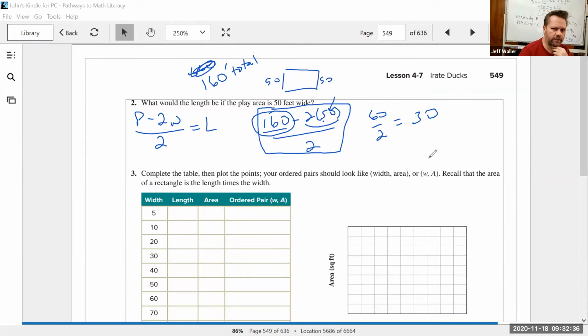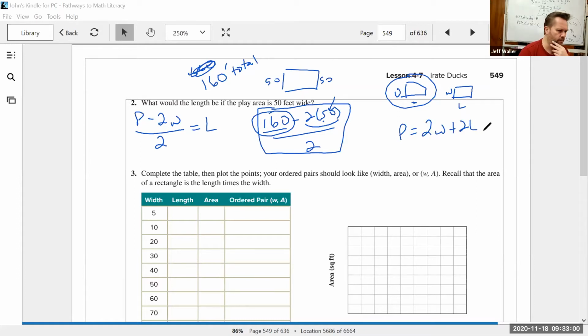Let me do something else over here. Why does that equation that we just wrote down make sense? Because what's the perimeter of something with a width and a length? I'm going to leave that there because it's such a beautiful little thing. So the perimeter for something like this is 2 widths and 2 lengths, right?